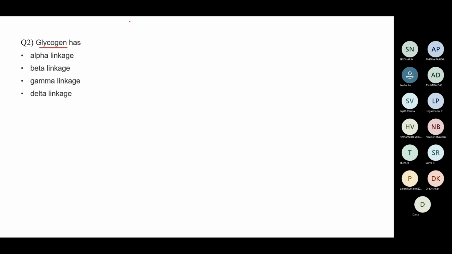Anyone? Anyone, what is glycogen? It is a glucose storage in animals. Yeah. So anyone else? It's a polysaccharide.